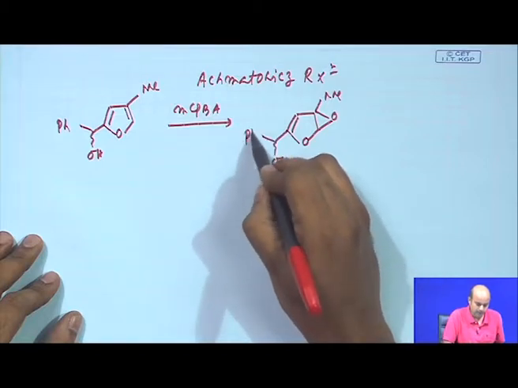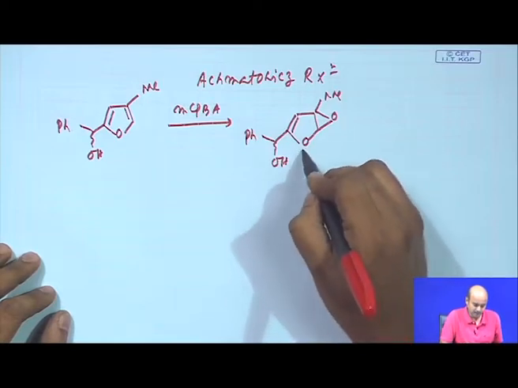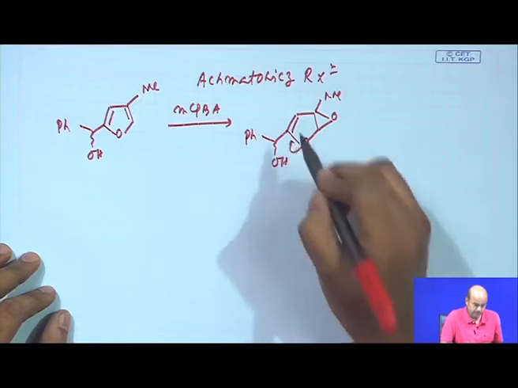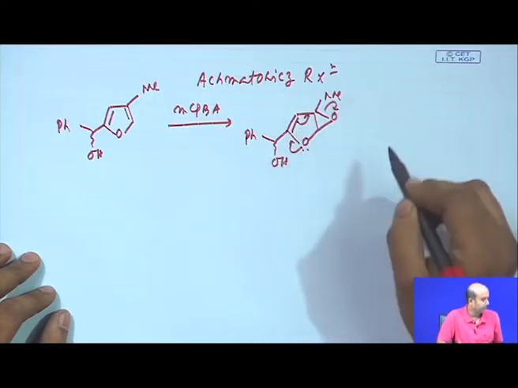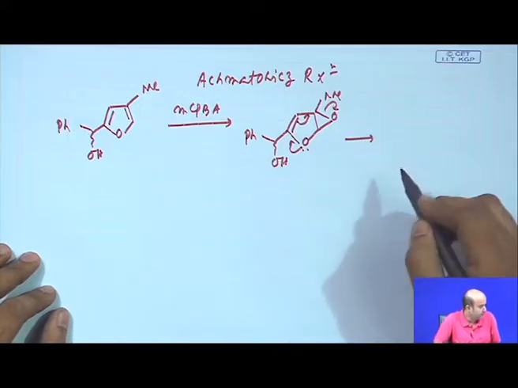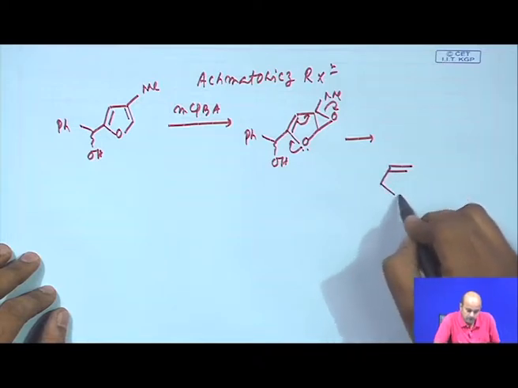I take a simple furan like this, and then a reaction something like this takes place to open up the epoxide. Well, basically now opening up the epoxide, try to put the proper arrow.